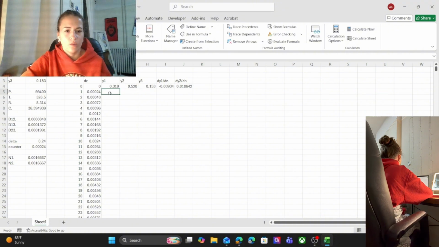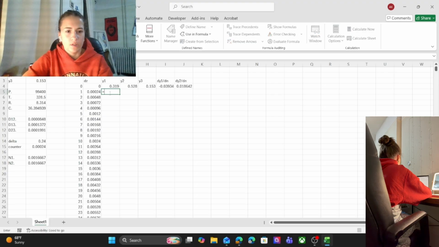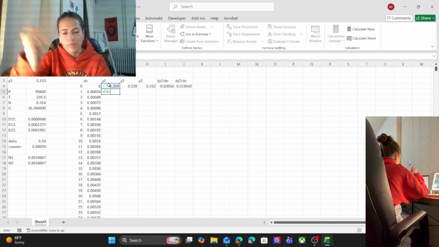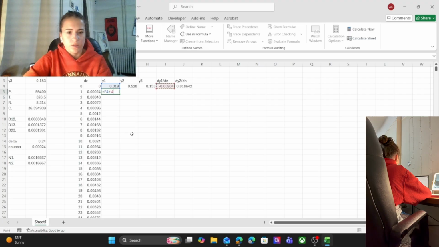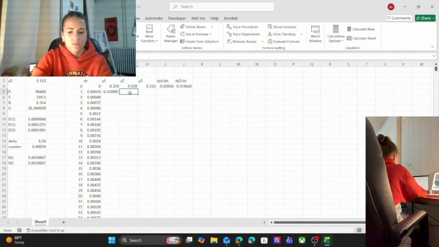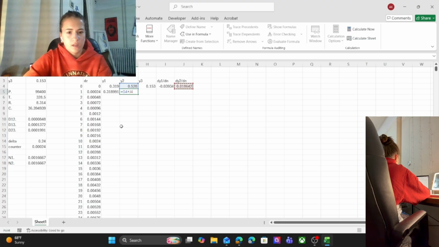So now we can begin pulling these values down. So this is going to be seeing how these concentrations are going to change as we go farther along. So it's going to be that derivative times our counter here. And then same thing for this, plus our derivative times our counter.